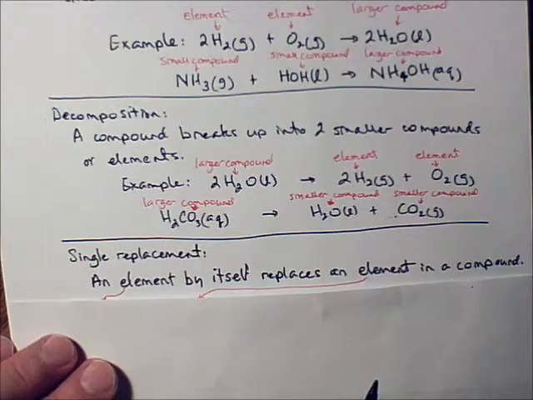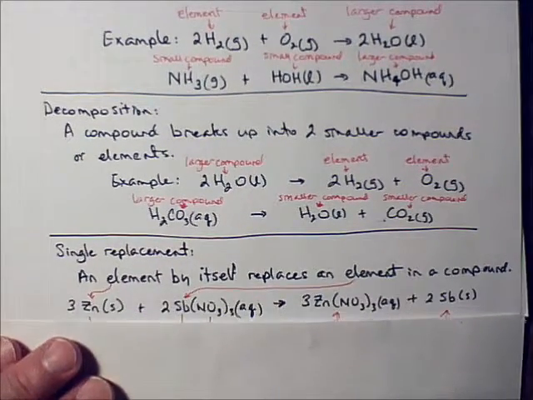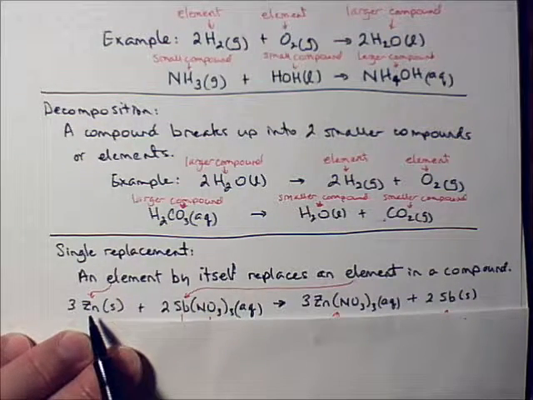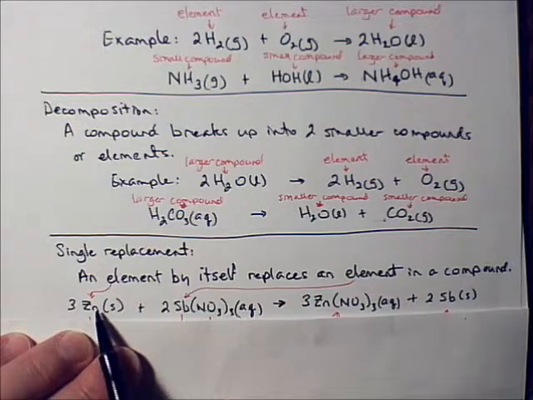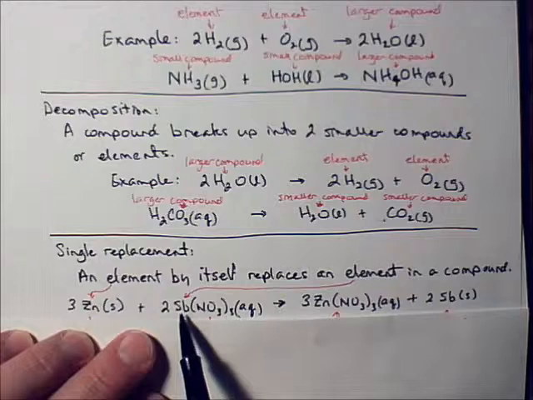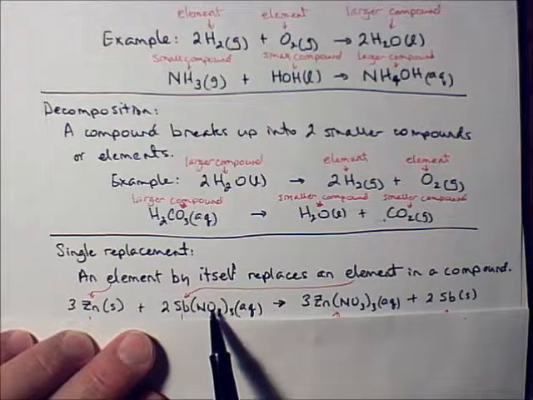So I'm going to show you an example now of a single replacement reaction. Here's a single element. It's by itself, not combined with something else. And it's going to replace a part of this formula here.